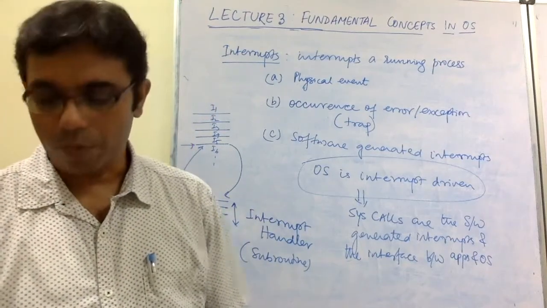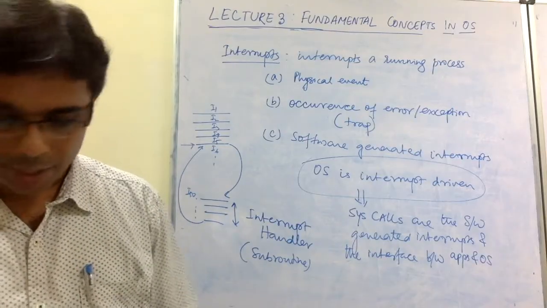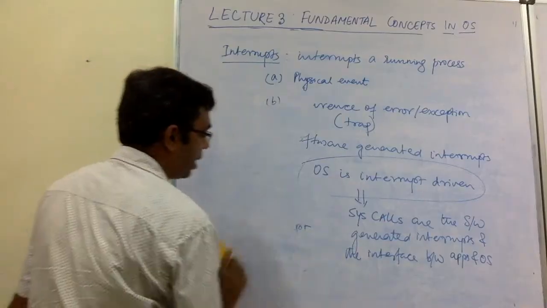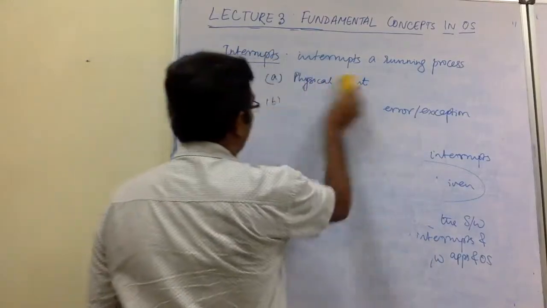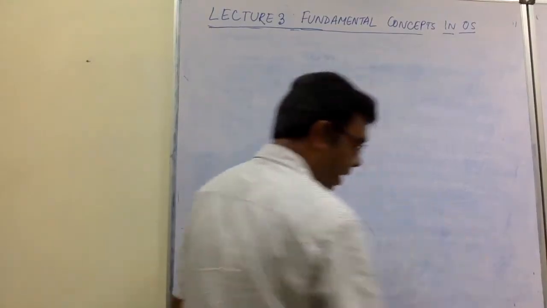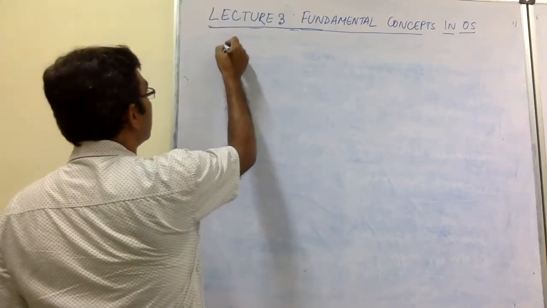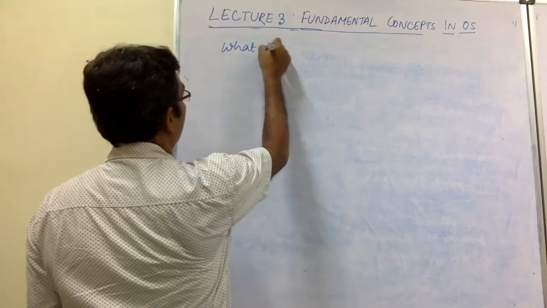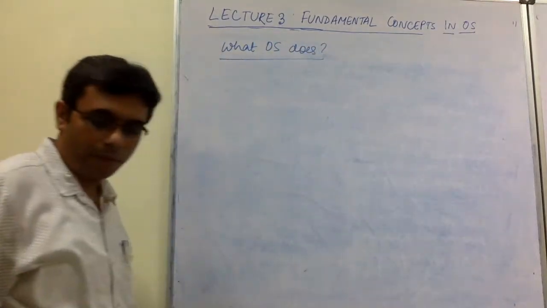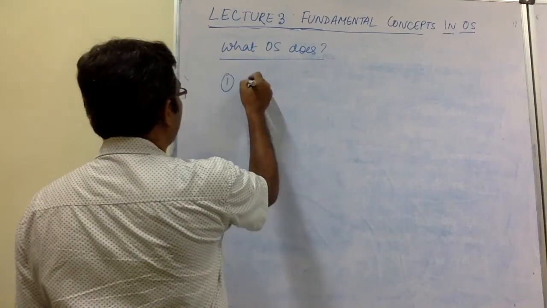So that is the reason why we call it an interrupt-driven software. Okay, so now that we have some idea of how an OS works and what exactly is the role played by the OS, let's summarize what the OS does. If we summarize what an OS does, we primarily find that the OS is mainly related to handling processes.